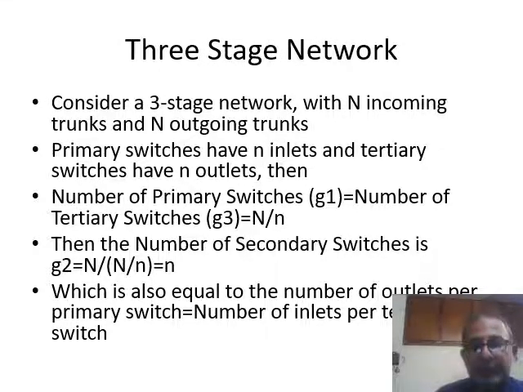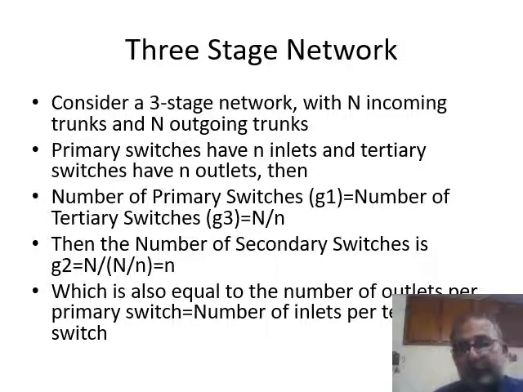Consider a three-stage network with capital N incoming, and I've already discussed all the things. If the number of secondary switches is taken as G2 equal to capital N over small n, which is also equal to the number of outlets per primary switch and also equal to the number of inlets per tertiary switch.